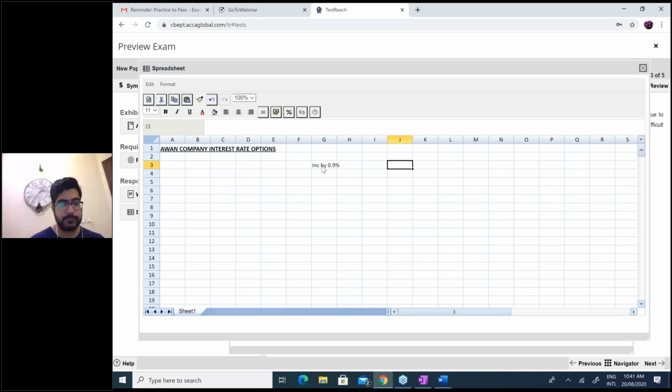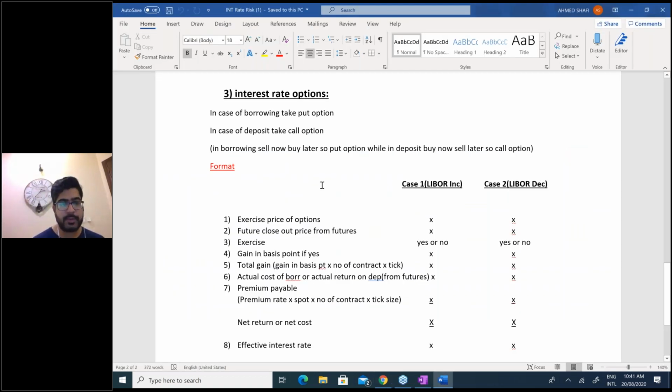And then decrease by 0.9%. Okay. Remember I told you this? Case one, LIBOR increase, LIBOR decrease. So increase by 0.9, decrease by 0.9. Okay.